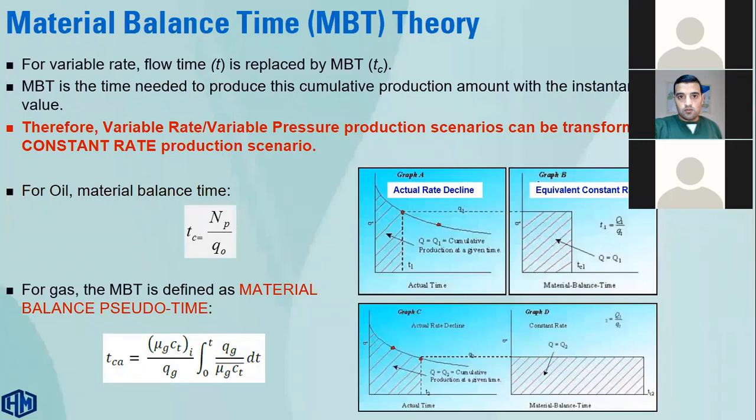So this definition will be replaced by this equation. Again, the material balance time is the time used to convert the variable rate production scenario to the equivalent constant rate production scenario, and it's the time required to produce the same cumulative production using a constant rate equivalent to the Q production using a variable rate.